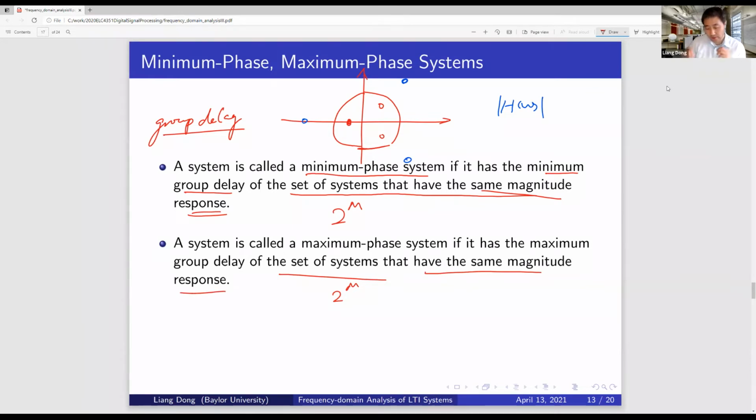Once you define those zeros, you can flip the zeros according to their reciprocal, 1 over that zero. If you do that, the magnitude response doesn't change. So how many possibilities? 2 to the power m. Out of that, there's only one with all zeros outside the unit circle that gives you the maximum phase system.